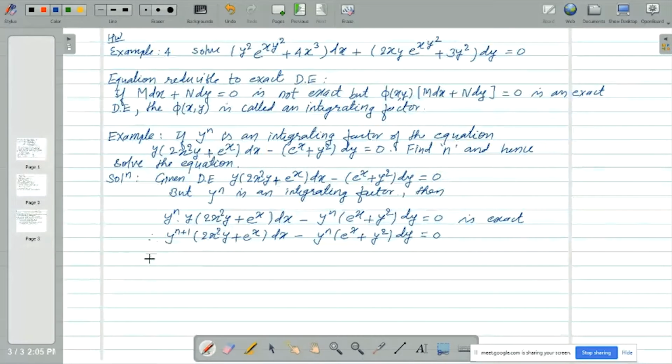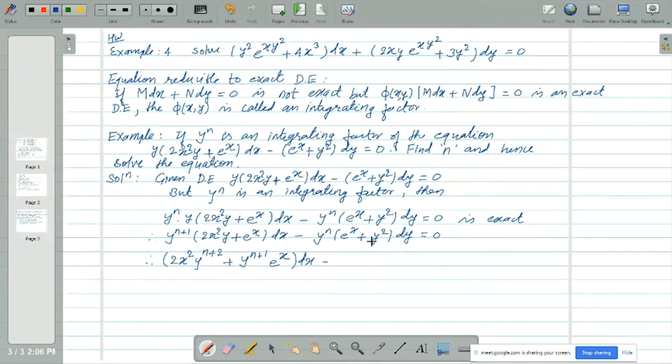This becomes 2x squared y raised to n plus 2 plus y raised to n plus 1 e raised to x, into dx.